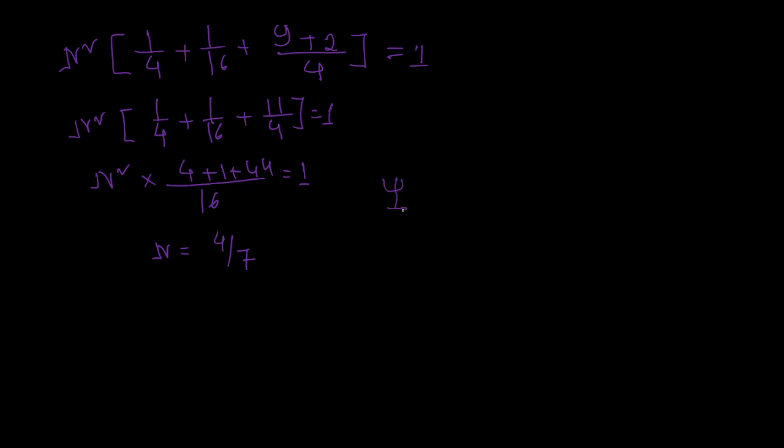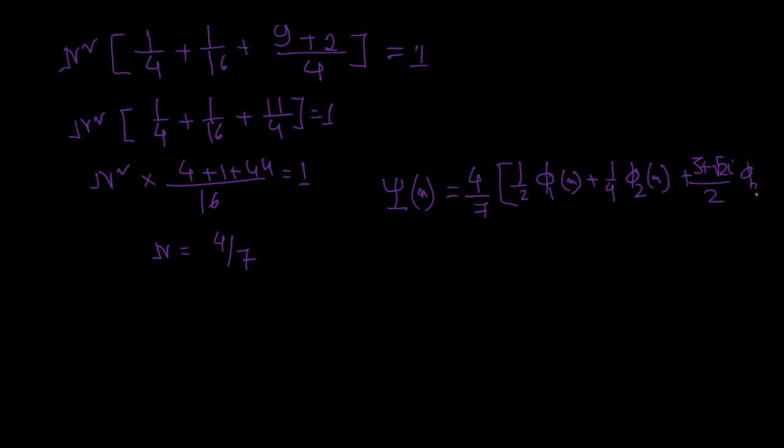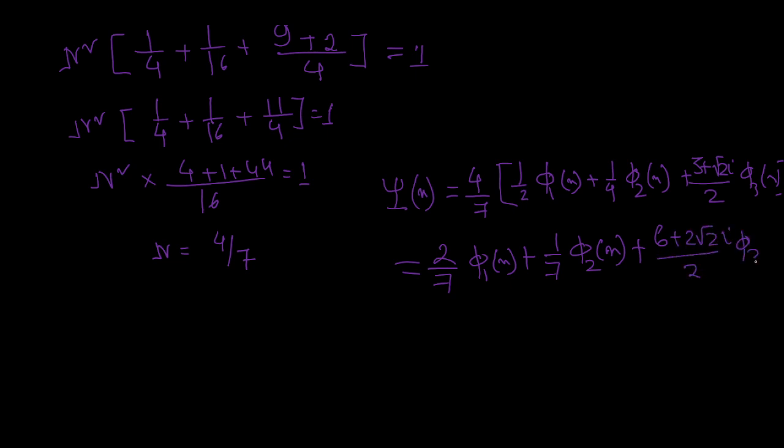So psi can be written as 4 by 7 of half phi 1 x, 1 by 4 phi 2 x, 3 plus 2i root 2 phi 3 x. So as a total it will be 2 by 7 of phi 1 x, 1 by 7 of phi 2 x, and 6 plus root 2 i up to phi 3 x.